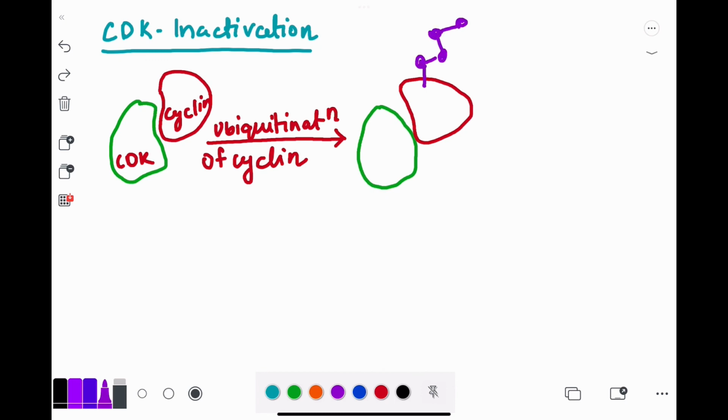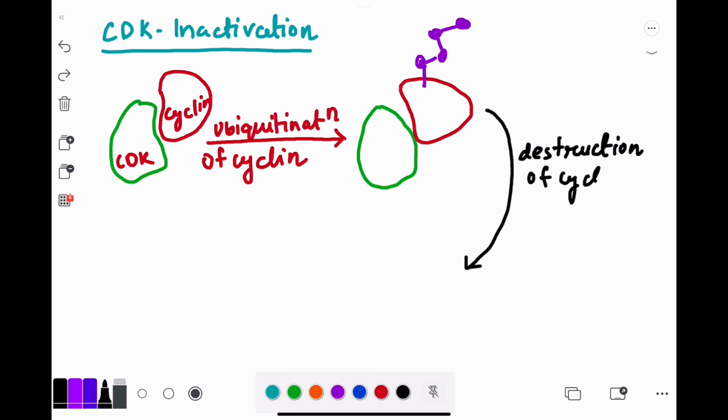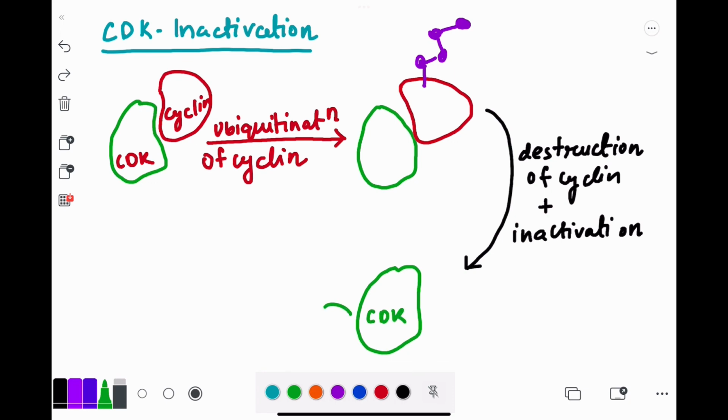This marked cyclin will be degraded in an organelle known as the proteasome. So ubiquitin dependent proteolysis occurs, resulting in destruction of the cyclin and inactivation of the cyclin CDK complex. Only the CDK remains, which is now inactive. That is all for this video.